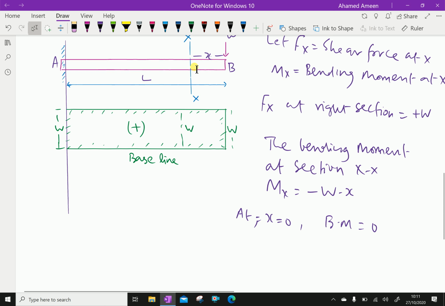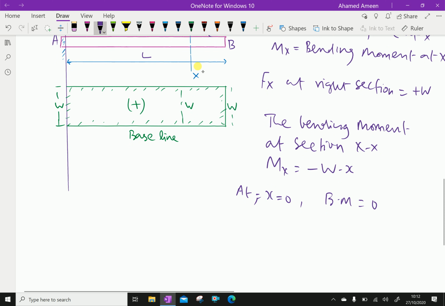At this section from the right side the bending moment is 0, and at x equal to L, that means the full length, the bending moment equals W, load into length. Hence, the BM follows the straight line law, that is, it varies linearly. Then the bending moment diagram is shown in the figure.